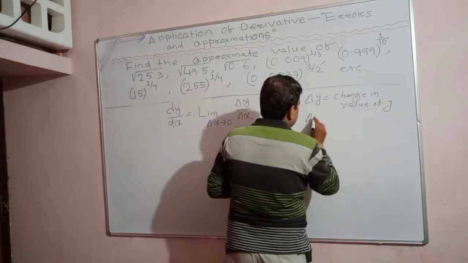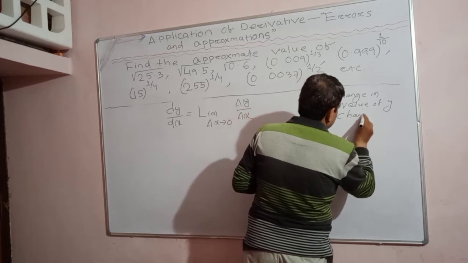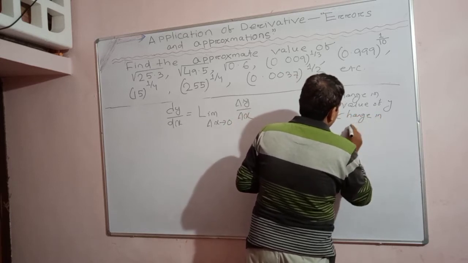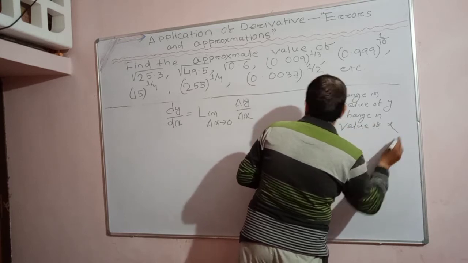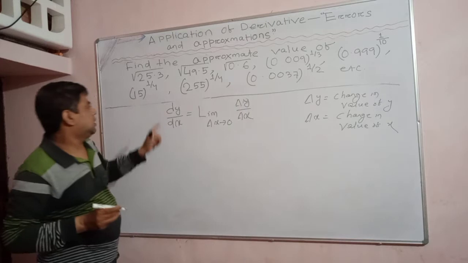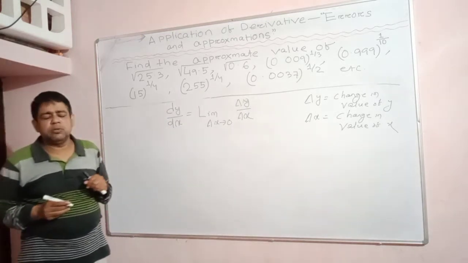Del y is the change in the value of y, and del x is the change in the value of x. And dy by dx is the differential of y with respect to x, or the derivative of y with respect to x.